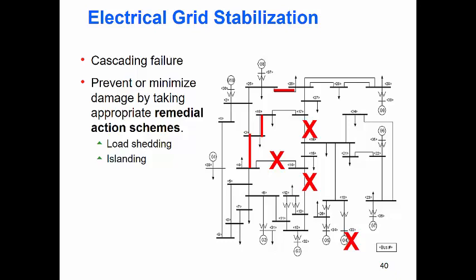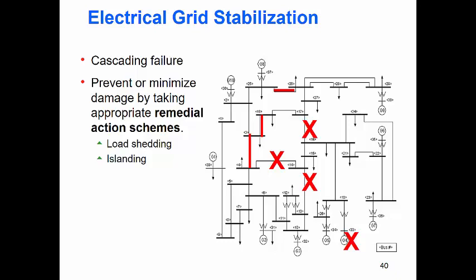Like I said, it's a competition among researchers to develop policies: my remedial action scheme is more effective than your remedial action scheme, under different conditions. There's a whole bunch of different schemes out there. One class of techniques is called load shedding. That's basically when they shut off parts of the network. That's what happens when your neighborhood loses power.